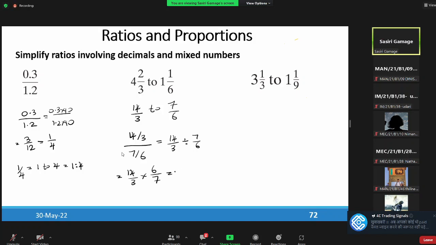Then the answer is what? This is 2, here 2, then the answer is 4. Isn't it? The answer is 4. Then we know this 4 equals what? 4 over 1. Then this is equal to 4 to 1. Is that clear to you?